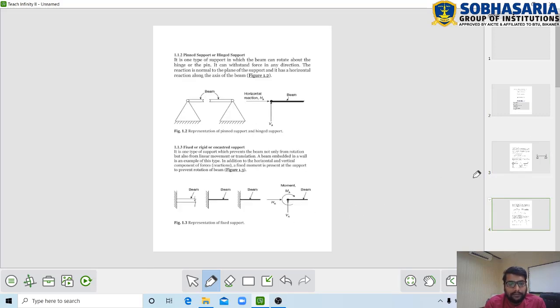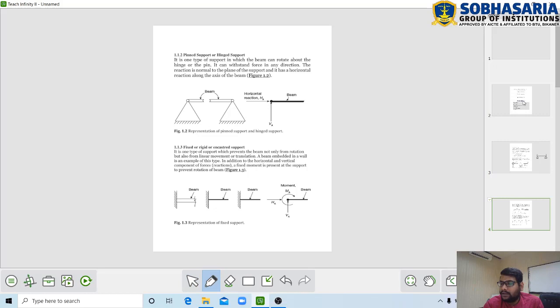The next is a pinned support or a hinged support. After discussing the types, I will show you some practical structures in which we can differentiate the supports based on the conditions they apply.